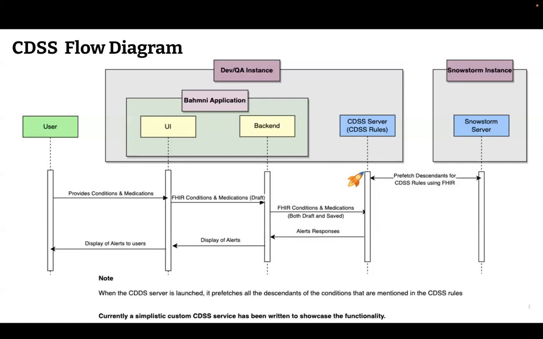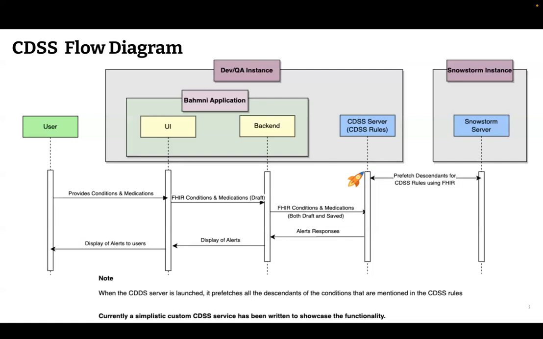Similarly, let's say if a medication is in the form of a tablet and its strength is different, that particular medication will contraindicate the same diagnosis whether it is taken in different form or different strength. So all this information is prefetched through Snowstorm server using FHIR, and it is kept in the CDSS rules.